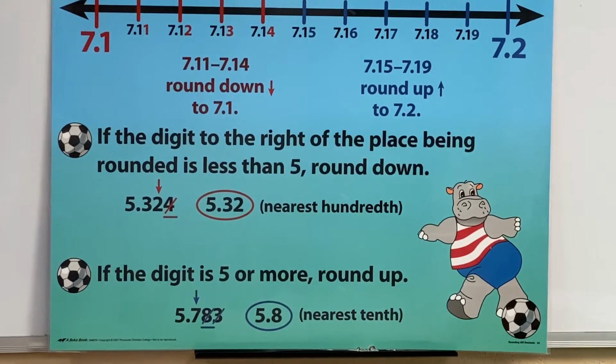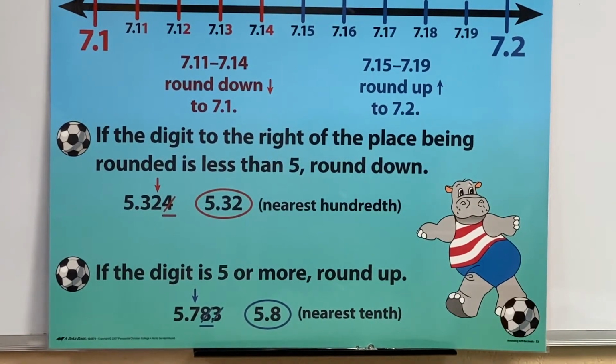So we always have to look to the right of the digit that we are going to round and see if it's more than 5 or less than 5. If it's less, we round down. If it's more, we round up. Okay? So we're going to look in our worksheet for today and go through some of those examples and practice.